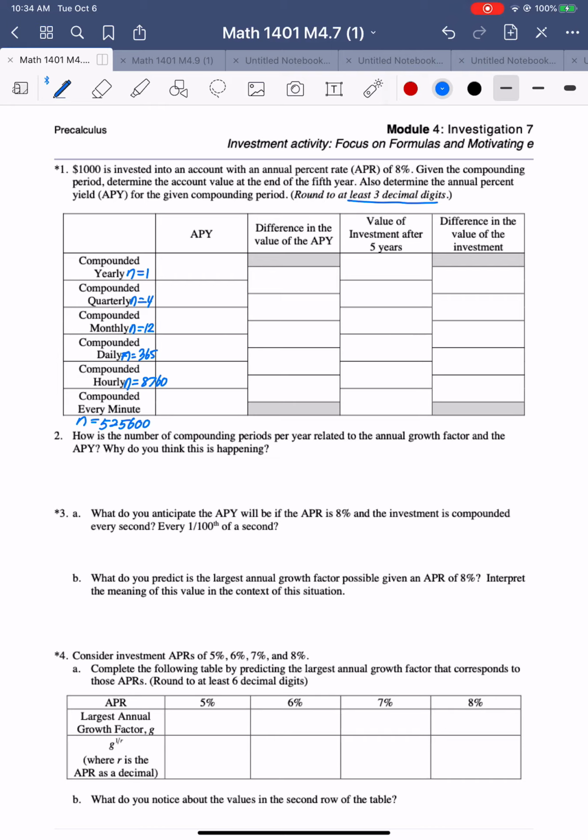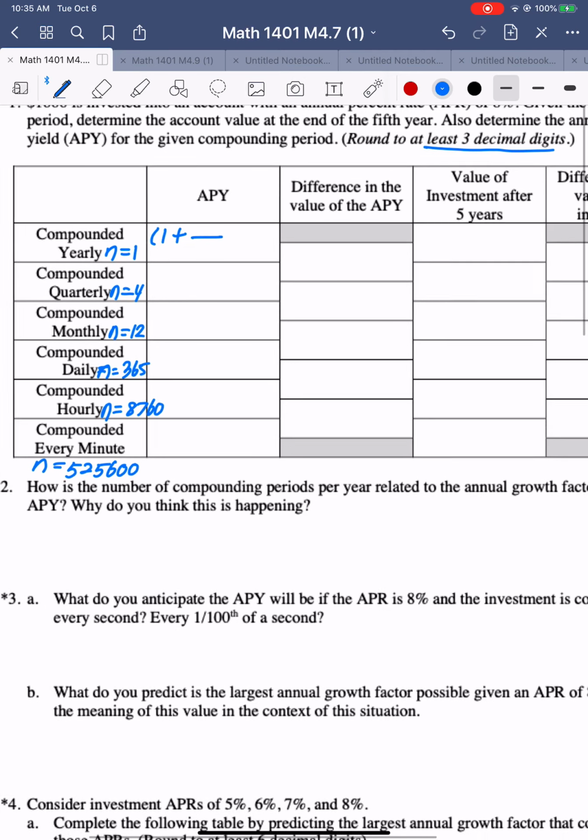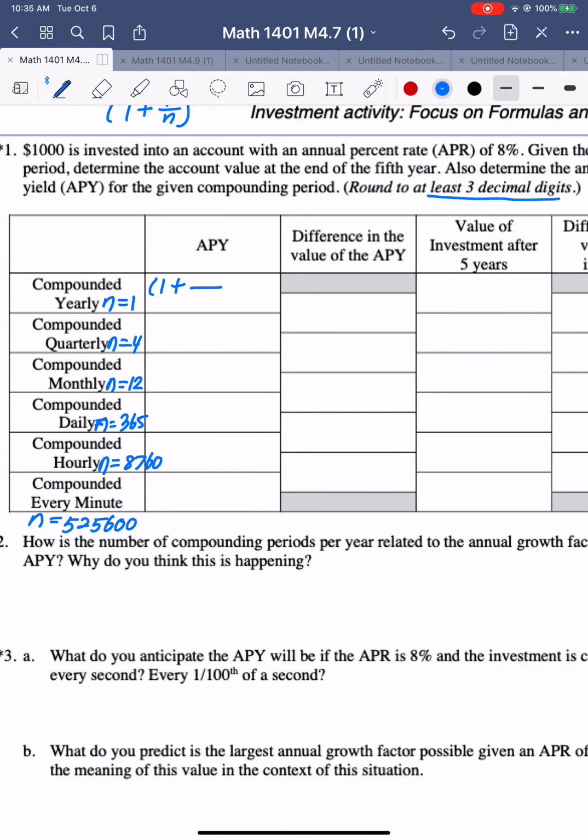Okay, so APY first. For the compound interest formula, the growth rate is 1 plus r over n, to the nth power. So that's what I'm going to use. 1 plus r, where r is 8%, which is 0.08, and n is 1 for annually, to the power 1, and you get 1.08.